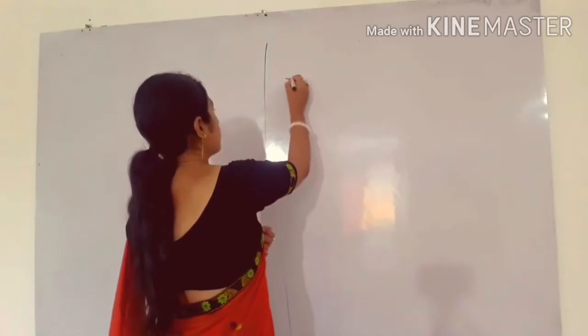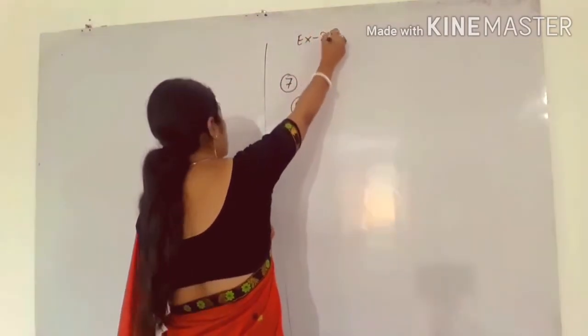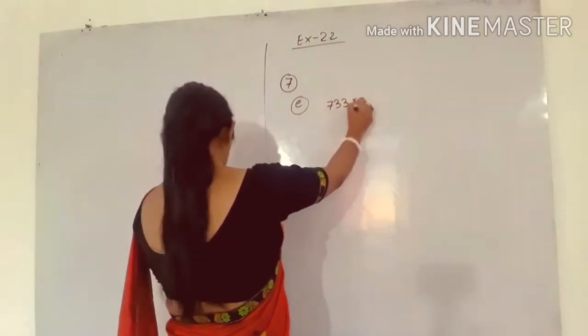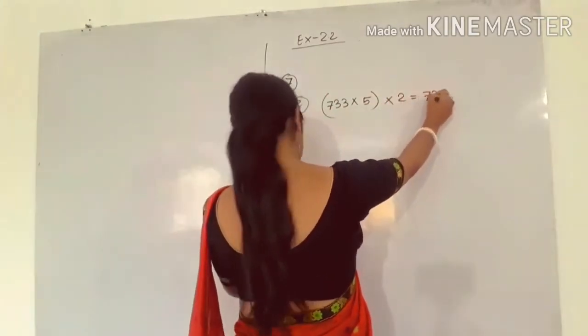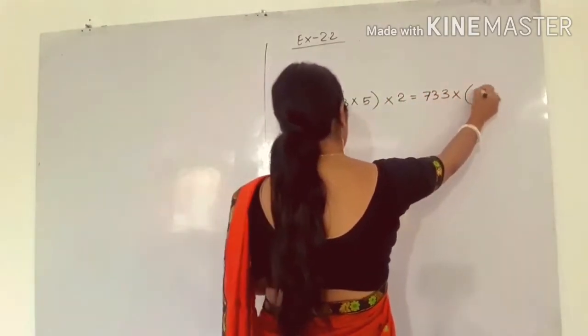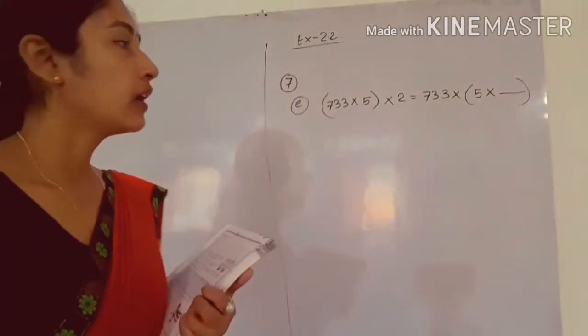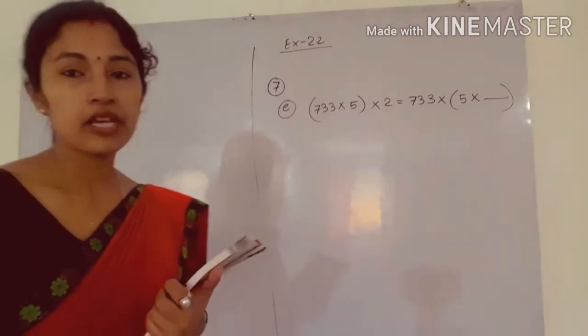One question from question number 7, that is part E, from exercise 2.2. 733 into 5 into 2 is equal to 733 into 5 into what will be in the blank space. This is the associative property of multiplication in whole numbers.